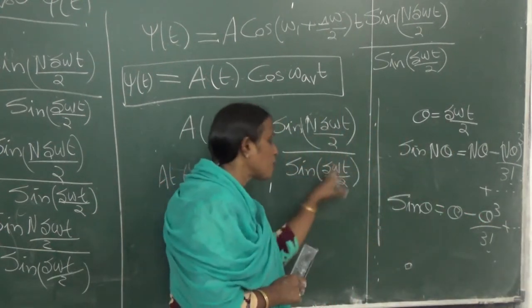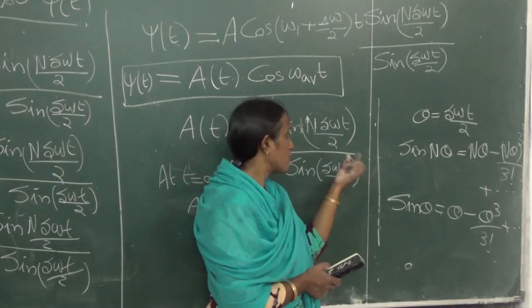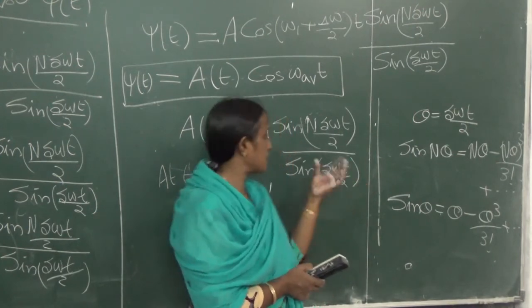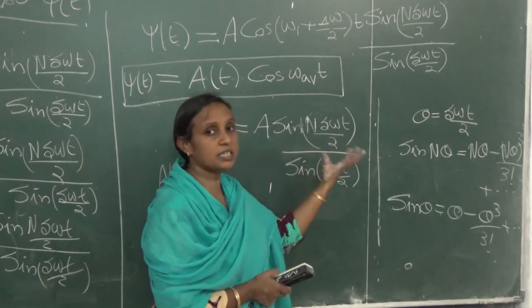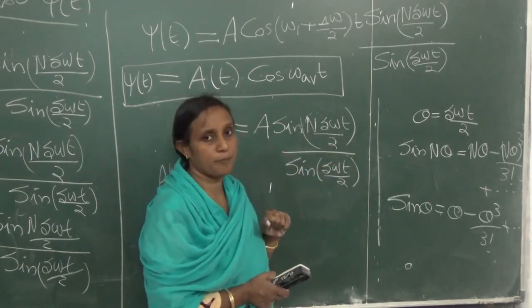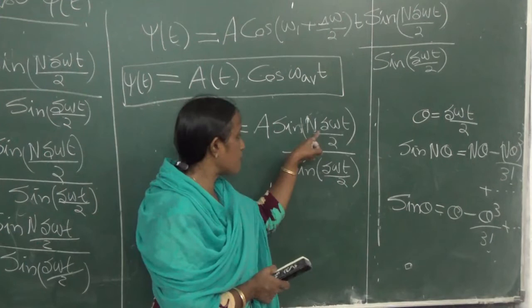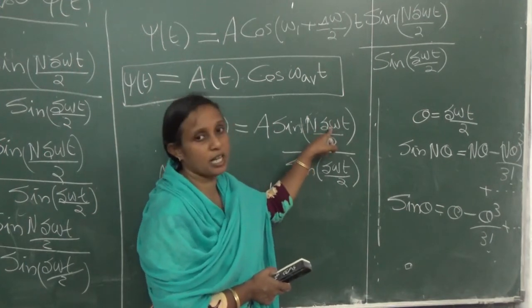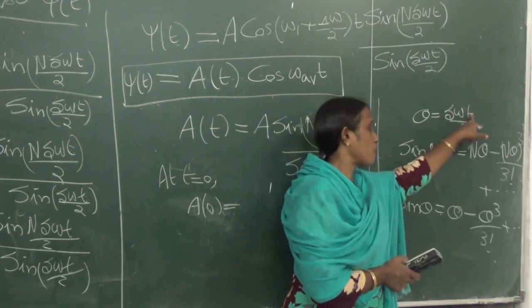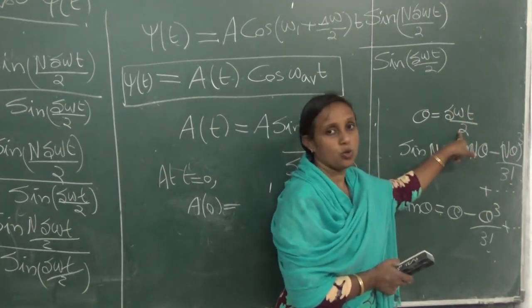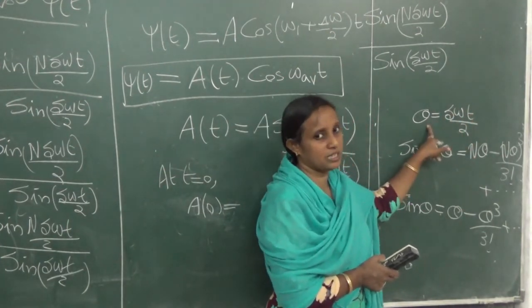So we assume here t is very small, at t equal to 0. And we assume a very large number of frequency components, capital N. That means this delta omega is also very small, so delta omega t by 2 is a very small quantity.